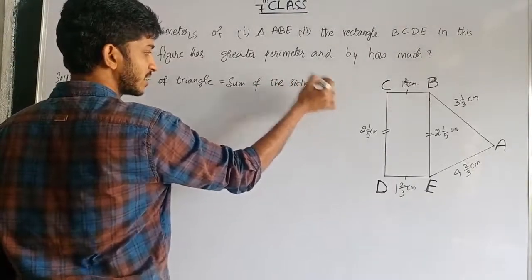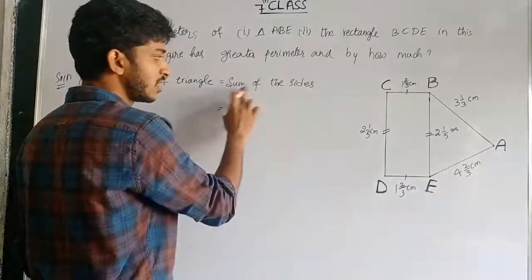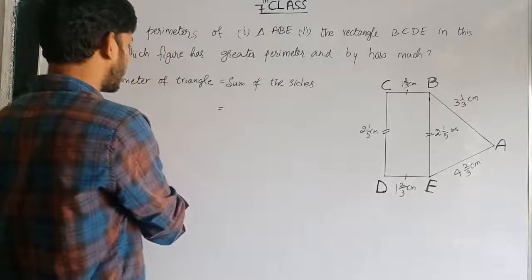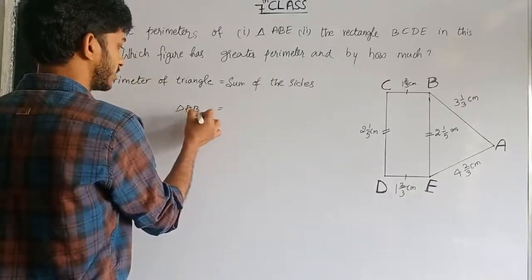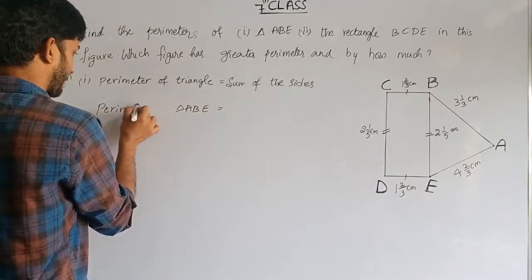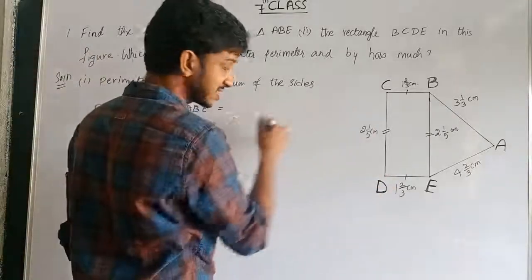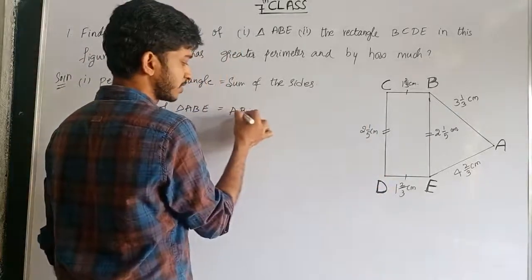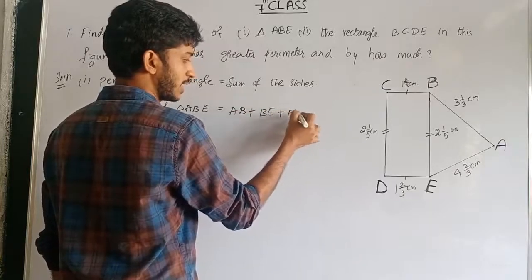How many sides are in a triangle? Triangle has 3 sides, that's why we have to add the 3 sides. So perimeter of triangle ABE is equal to, what are the sides? AB plus BE plus AE.